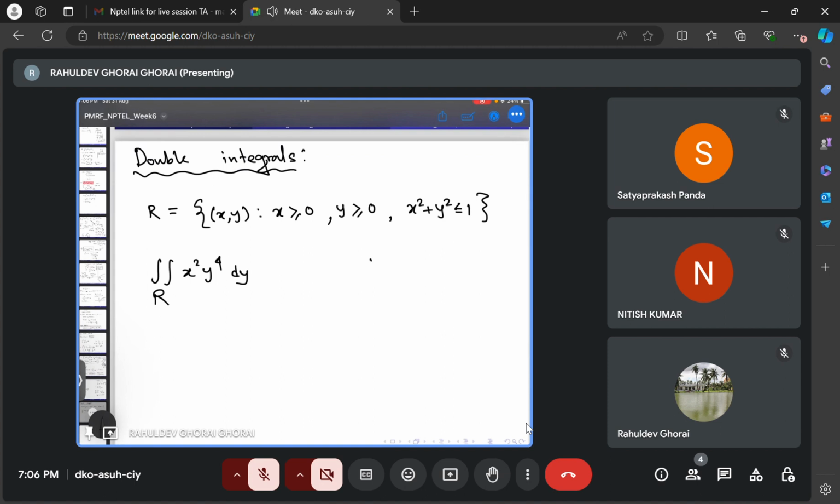So how does the domain look? This is the x-axis and y-axis. X square plus y square equal to 1 is a circle. Let me just draw.